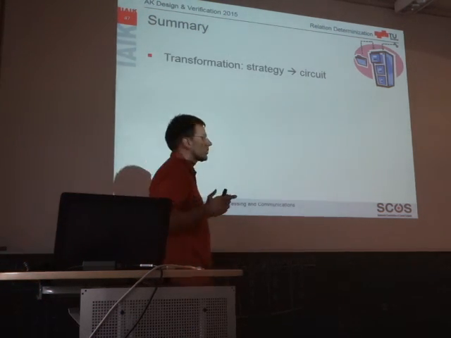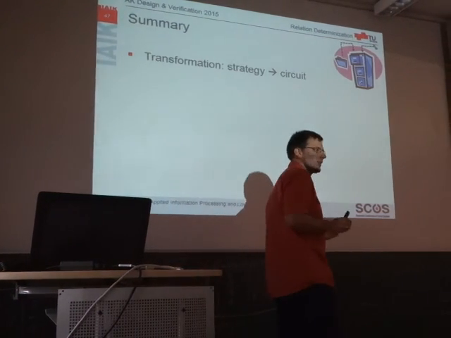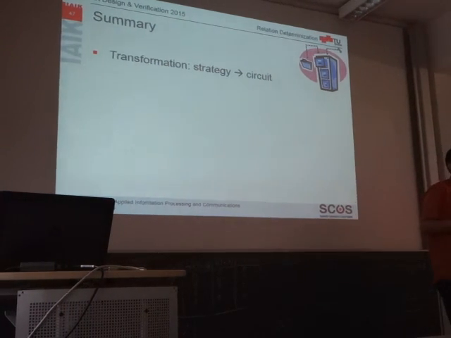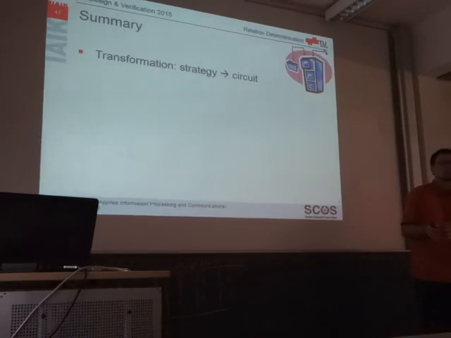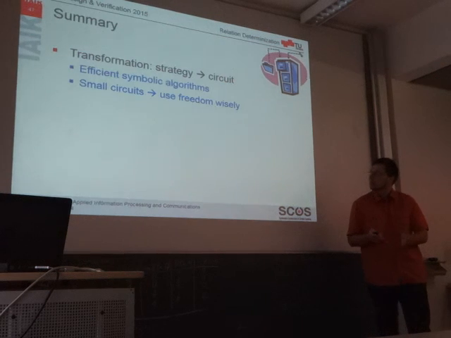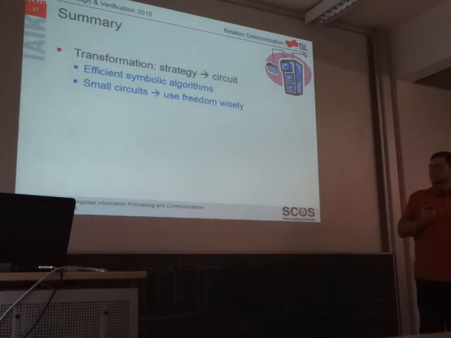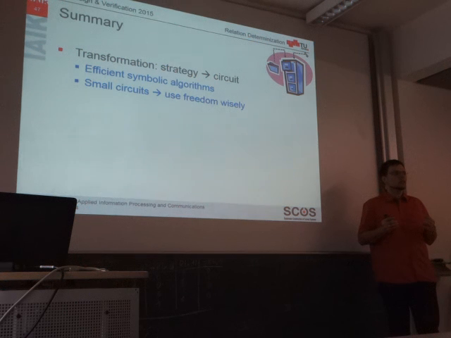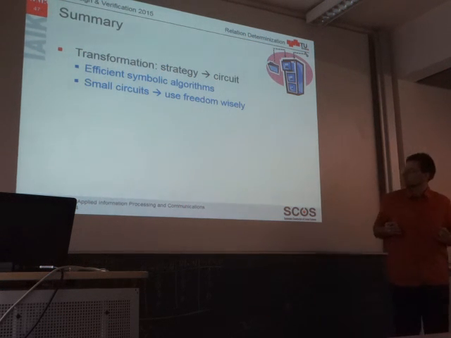We have seen how we can transform strategy relations into concrete deterministic functions, which can then easily be transformed into propositional combinational circuits. We have looked mostly at symbolic algorithms because the explicit representations would be way too large to deal with.